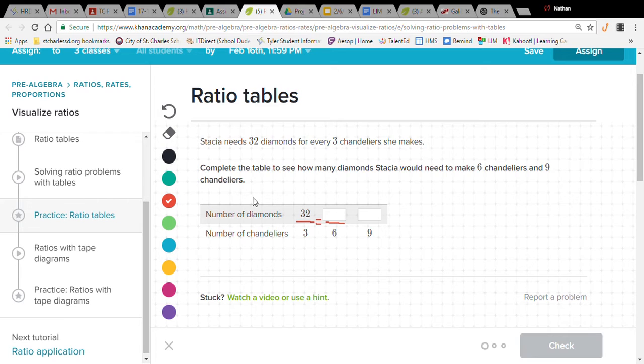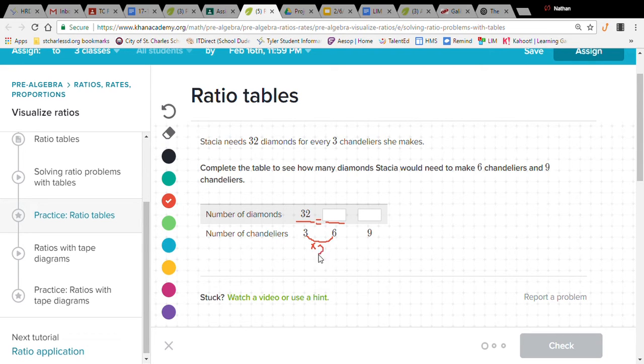The other way you can think about it is, as you go from 3 chandeliers to 6 chandeliers, what number are you multiplying to get from 3 to 6? You're multiplying by 2.